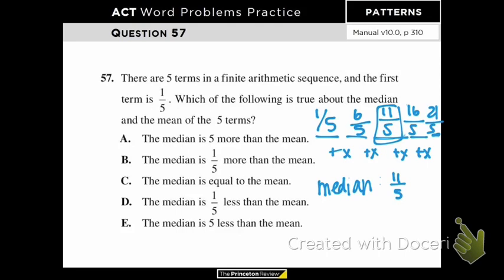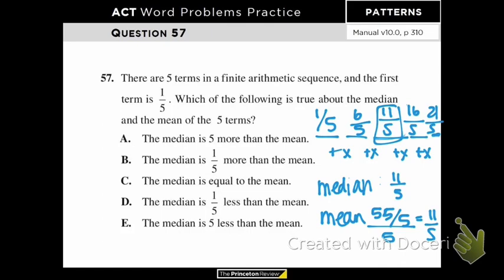Now if you take a second and find the mean, you need to add all of those up, right, and divide by however many there are. So it's actually not too hard to add because they all have a common denominator. So when I add just the tops, I end up getting 55, right? So it's 55/5 all over 5, which is 11/5.